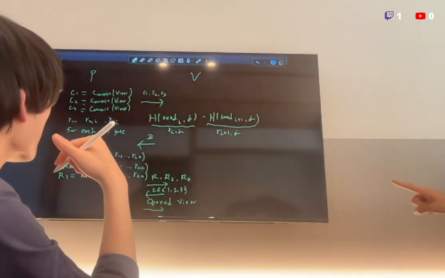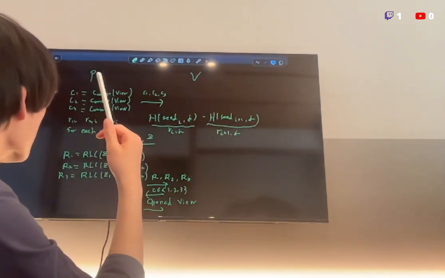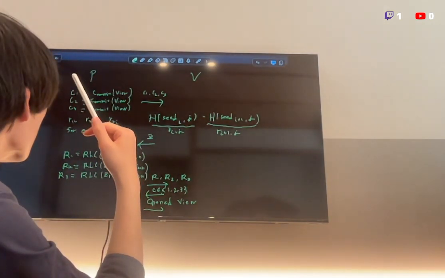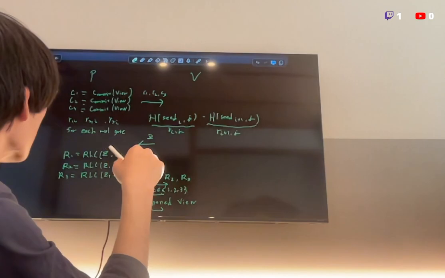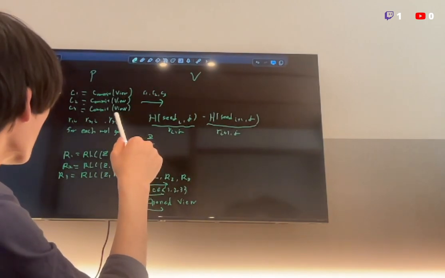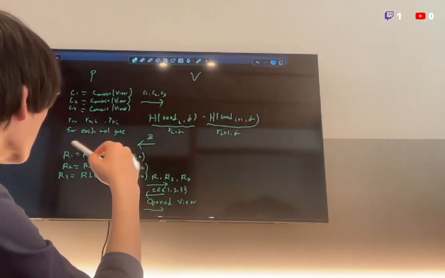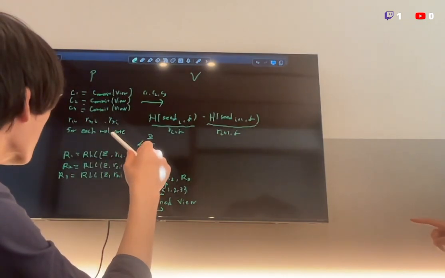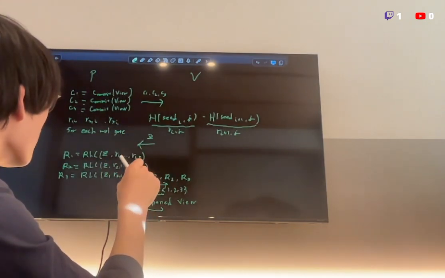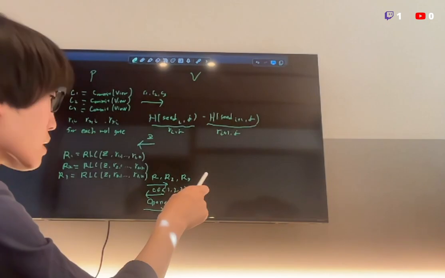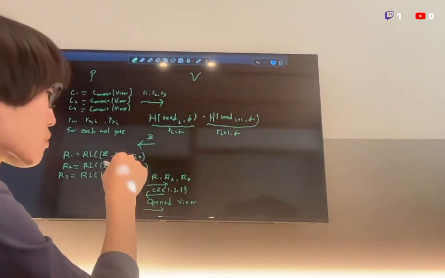Z is what the verifier sends the prover. Okay, I see. And they compute the random linear combination with that Z, and all the R's are the coefficients. Okay. And then they send back C in 1, 2, 3. It's either 1 or 2 or 3, so it means challenge value.